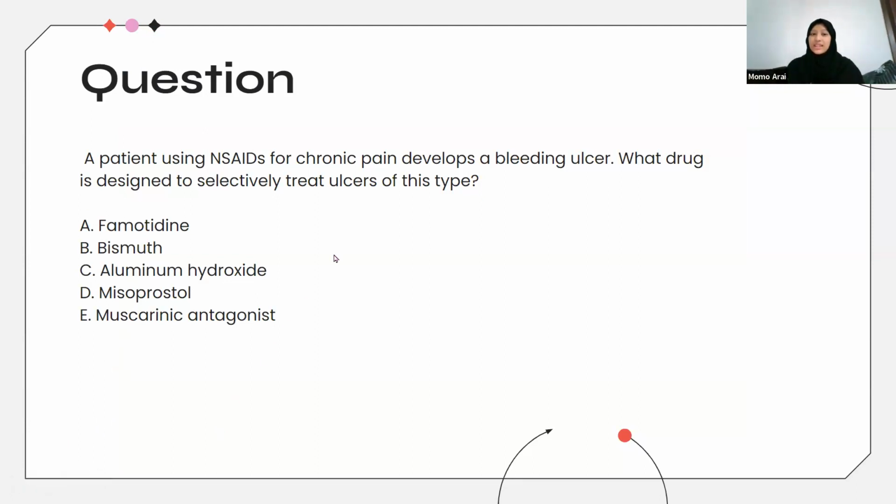So a patient using NSAIDs for chronic pain develops a bleeding ulcer. What drug is designed to selectively treat ulcers of this type? So, okay.